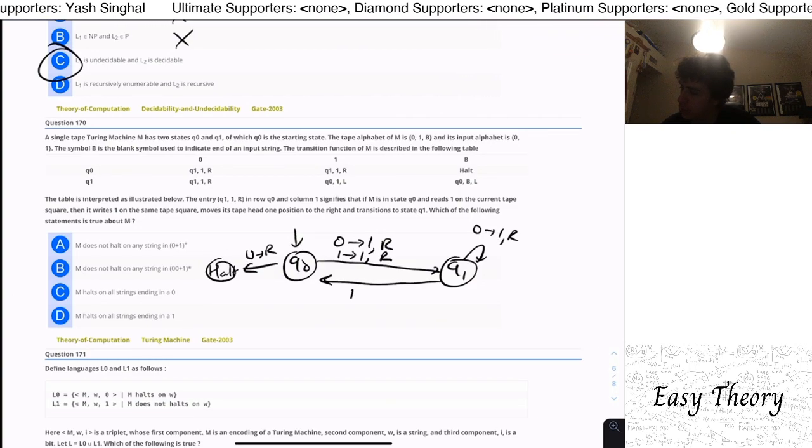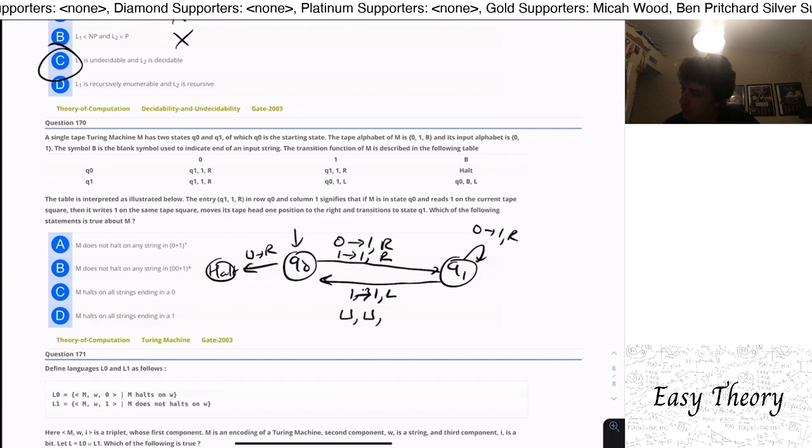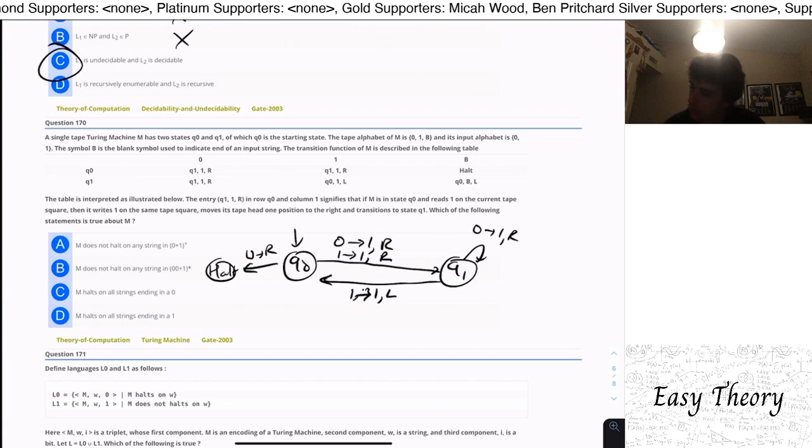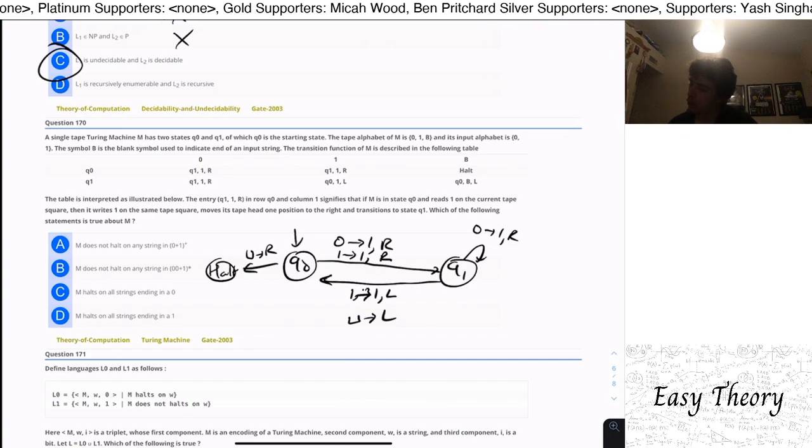Then here it goes to 1, 1 left, and then blank, blank, left. Let's fix that. So blank goes left. So it converts the first character to a 1 no matter what, if it's not blank.